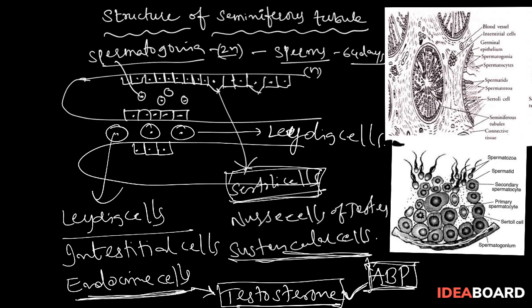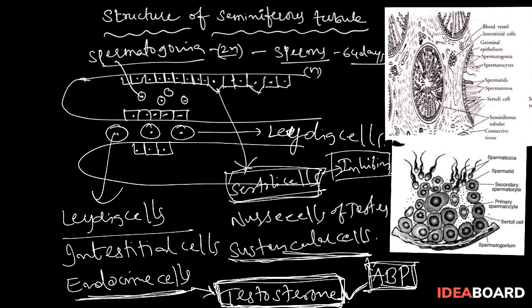This androgen binding protein, in the seminiferous tubules and the testicular lobules of the testis, will bind to the testosterone and increase the concentration of testosterone in the testis, which is required for the process of spermatogenesis. Moreover, these Sertoli cells also secrete another hormone, inhibin.